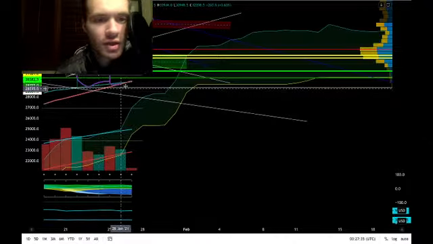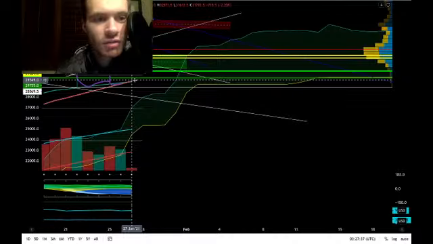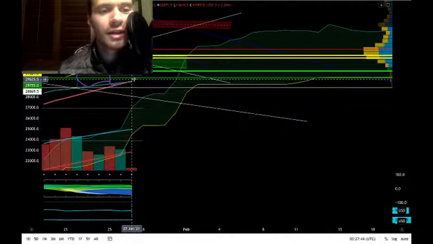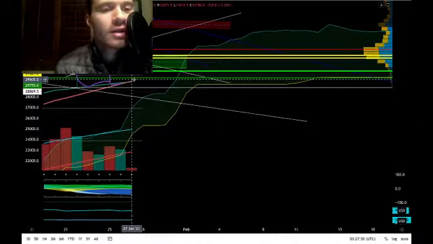All right, and then this area, especially if it comes up a little bit around here, this is on the daily. In the immediate short term, we could see 29,600 as potential support between these resistance lines.